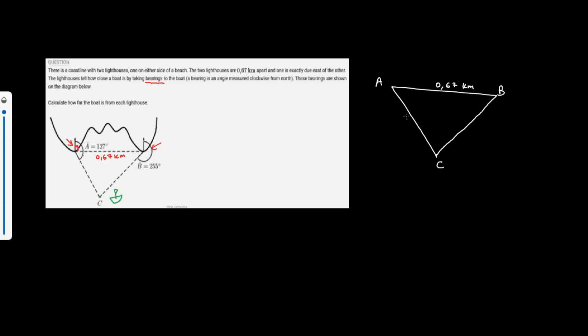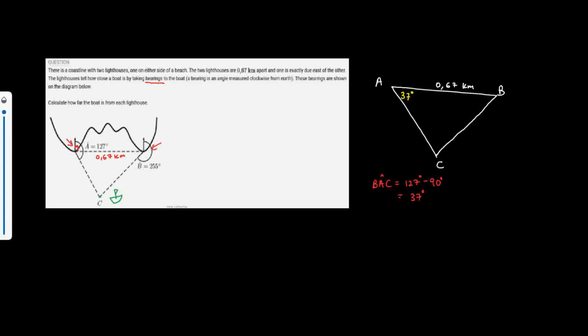The remaining angle, angle BAC, will be equal to 127 degrees minus 90 degrees, because we can see that this is a perpendicular angle. So it's 127 degrees minus 90 degrees, and that gives me 37 degrees. That means angle A is 37 degrees.